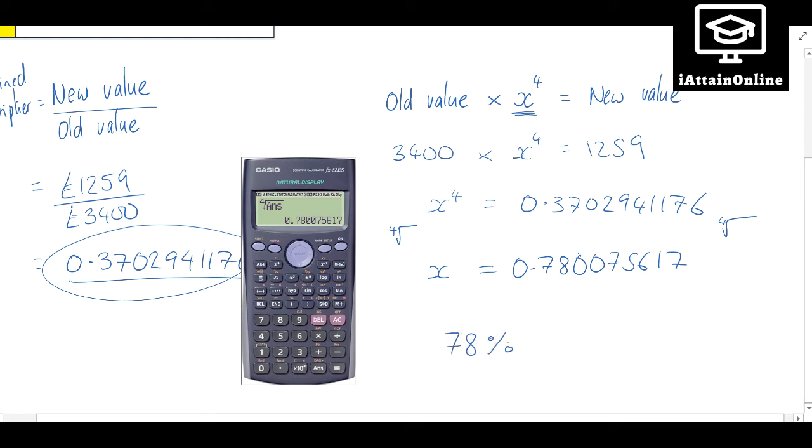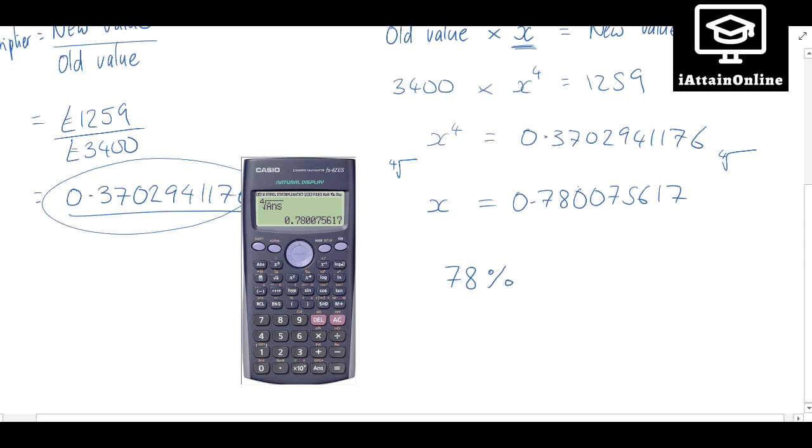Now be very careful here, because that is not the value of depreciation. That's what I have left of the original 100% after taking away the value of depreciation.